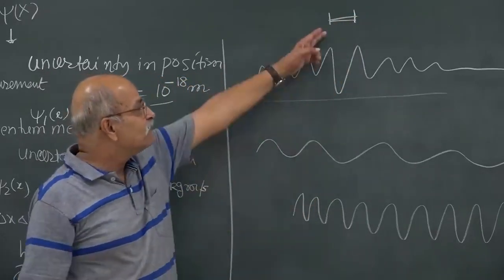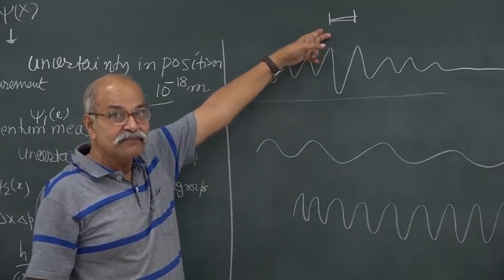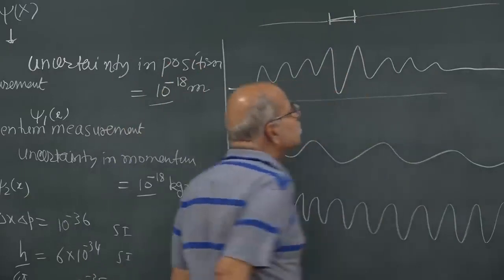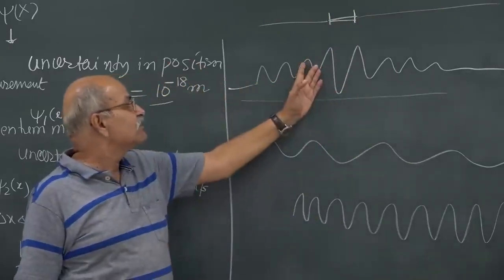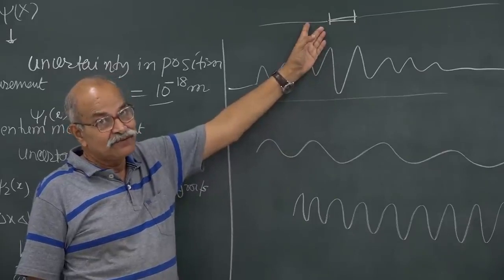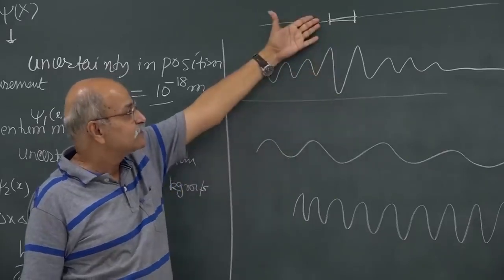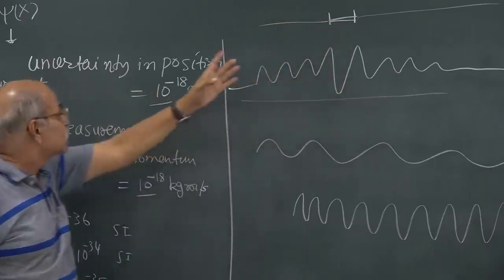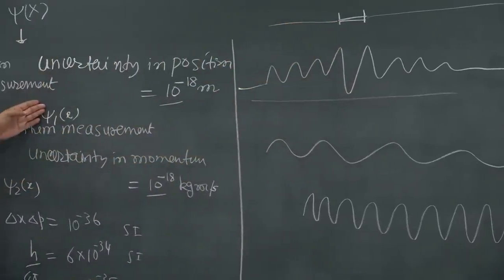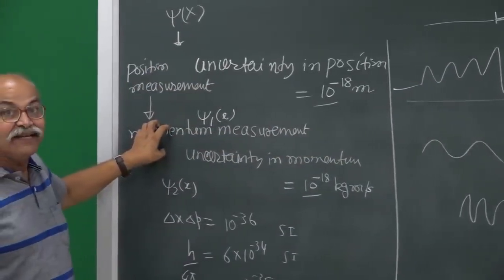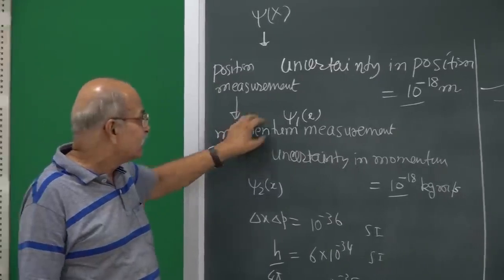That means the wave function of this particle after the measurement should be almost 0 here and almost 0 here. It had very significant values here, which now becomes 0. So the measurement has disturbed the system; the wave function has collapsed and changed from psi to psi 1.